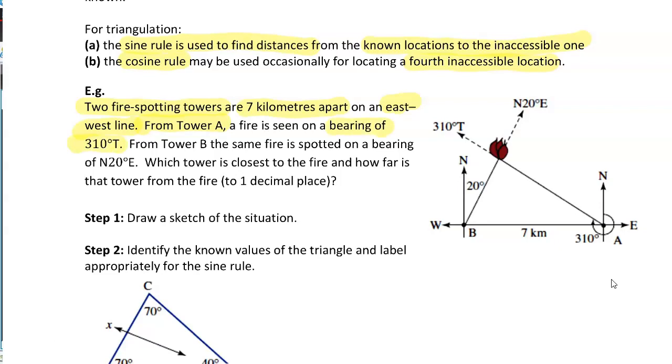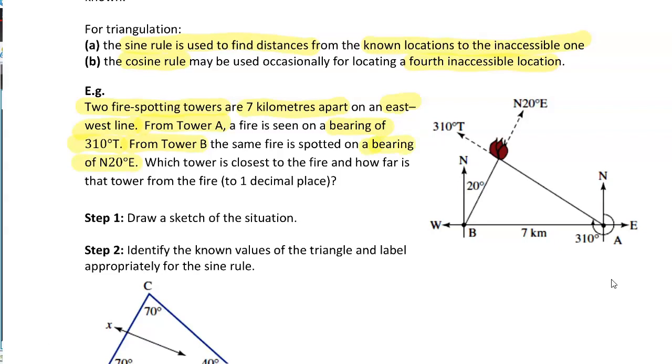You can see from A we've got that 310 degrees to where they see it. From Tower B, the same fire is spotted on a bearing of north 20 degrees east.